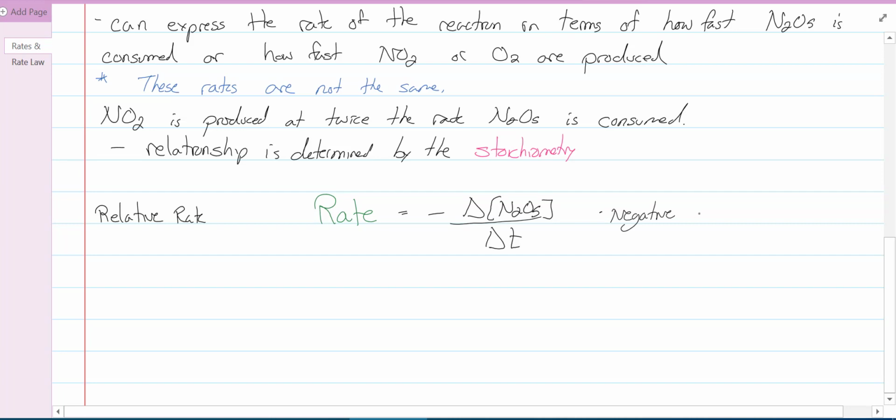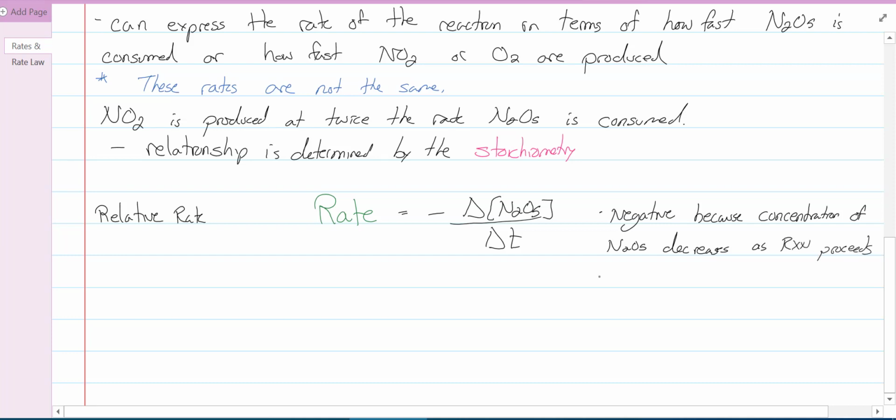because the concentration of N2O5 decreases as the reaction proceeds.